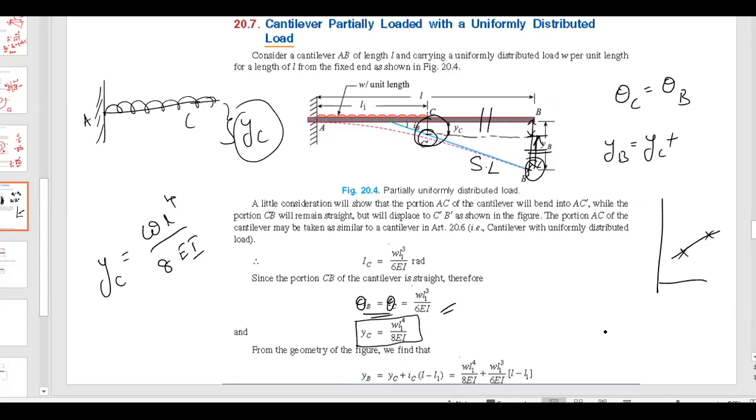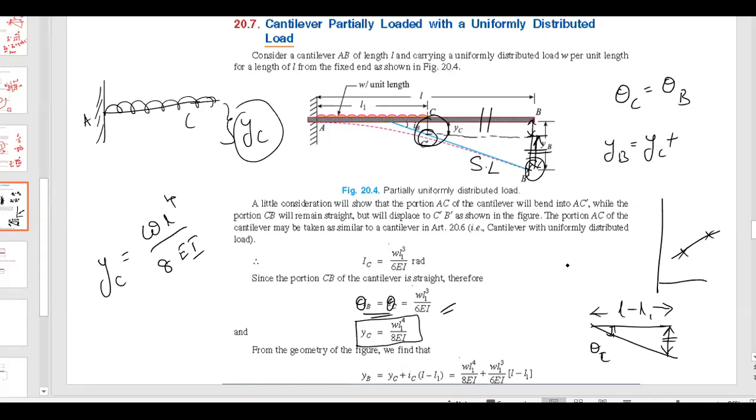So here I need to consider the triangle, and this side is L minus L1, and I need to find out this side, and the angle here is theta C.